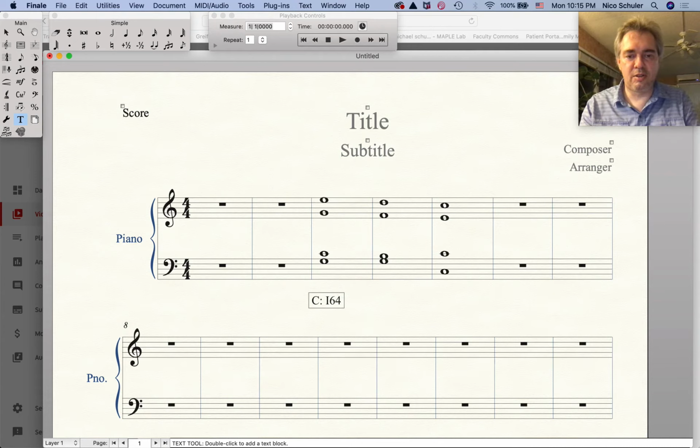Now I don't have the music font installed where the 6 is supposed to be written higher and the 4 below that. And then we have 5, 7, and then we resolve it to 1. So we call this a cadential 6/4 chord.